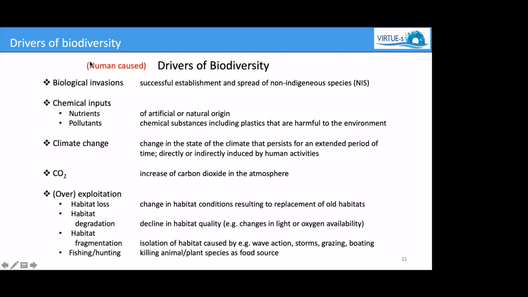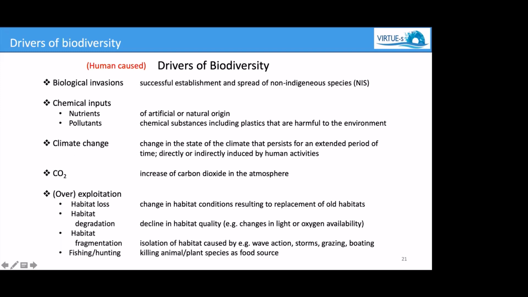So one of the human caused drivers of biodiversity are biological invasions, which we have discussed earlier, chemical inputs, so different types of pollutants and nutrients, which can lead to eutrophication, for instance, if there will be too much nitrates and phosphates being put into the bodies of water, that can lead to changes in the biodiversity. And then climate change, very important.